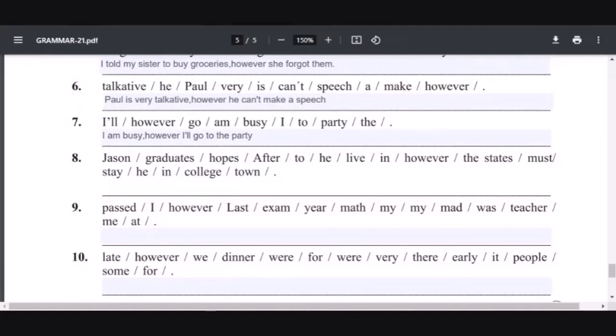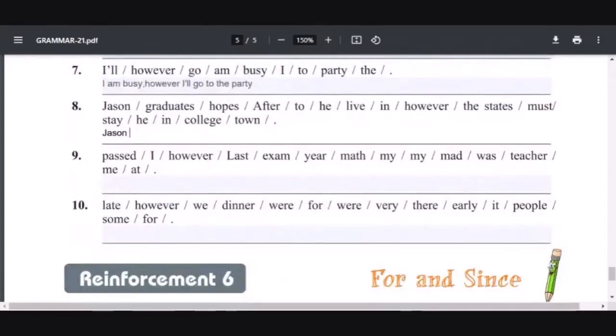Okay, I think it's Jason. Okay, Jason. In that case, but we are starting with after. Maybe after Jason graduates? What do you think? Jason must, however, he must stay in college now.